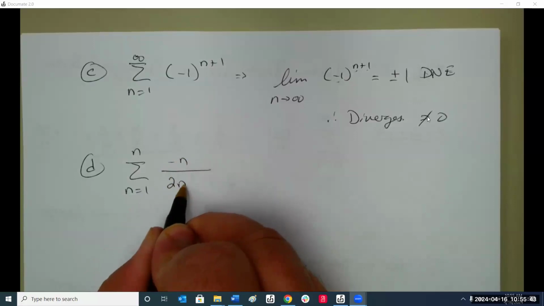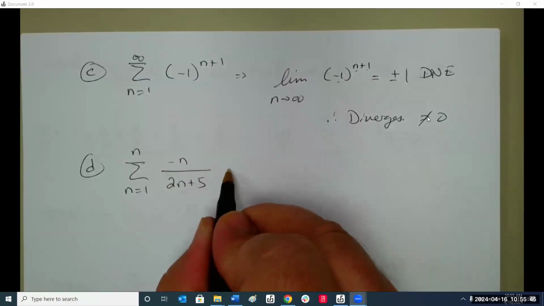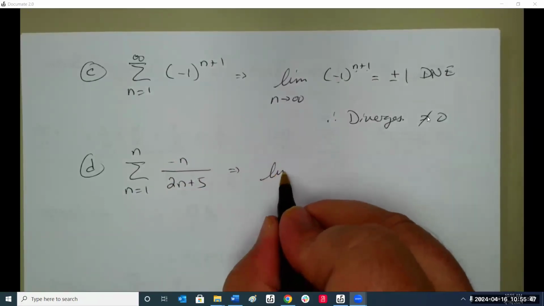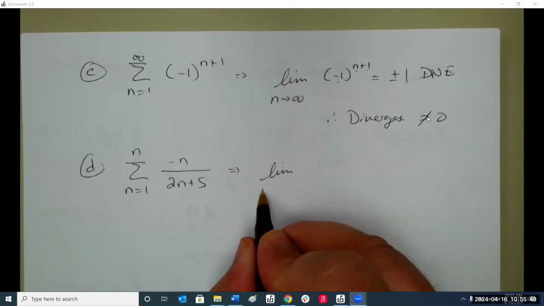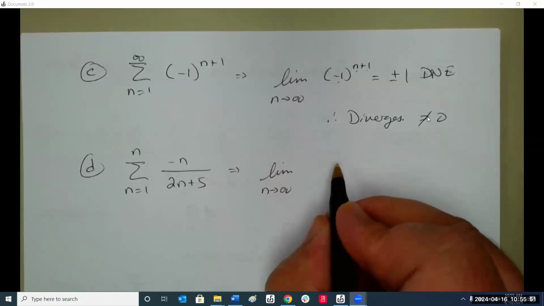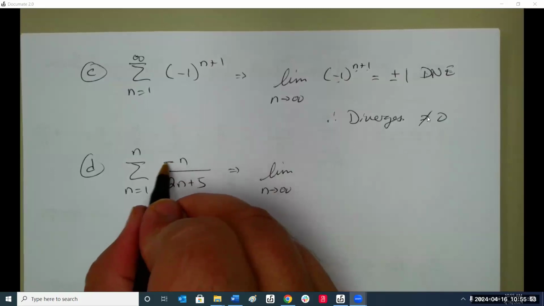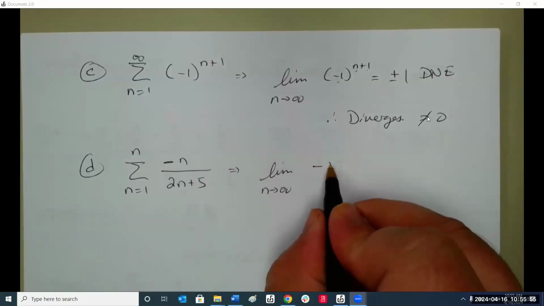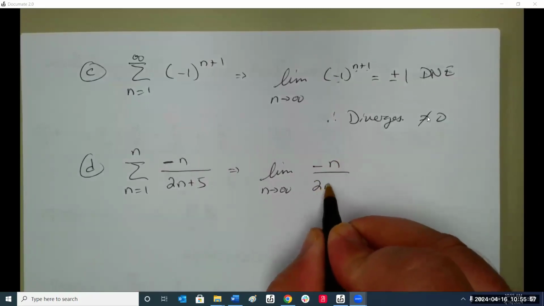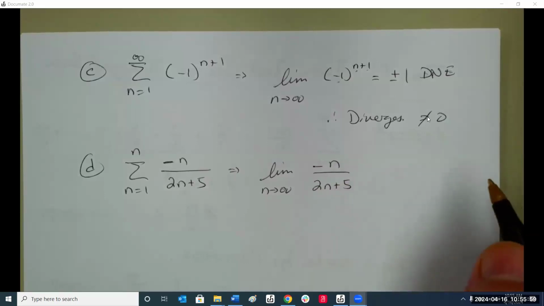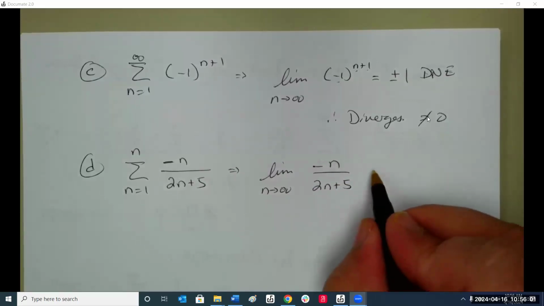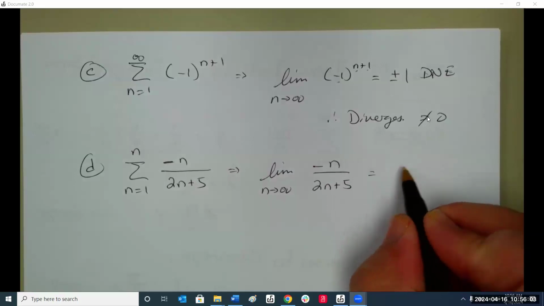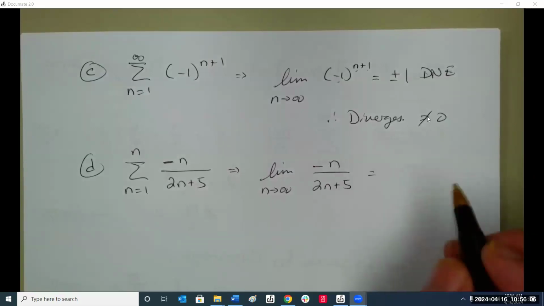Next, negative n over 2n plus 5. We have the limit as n goes to infinity. Oops, negative n. So negative n over 2n plus 5. We divide everybody by n.